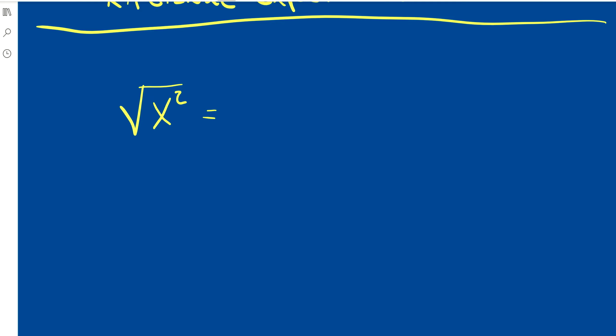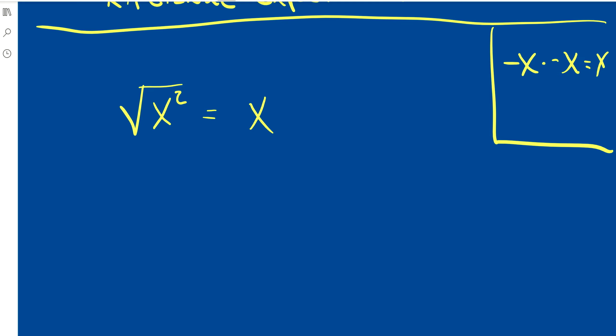The positive square root of x, squared, is x. And then what about the negative? Isn't it true, as a little sidebar, that negative x times negative x equals x squared as well?